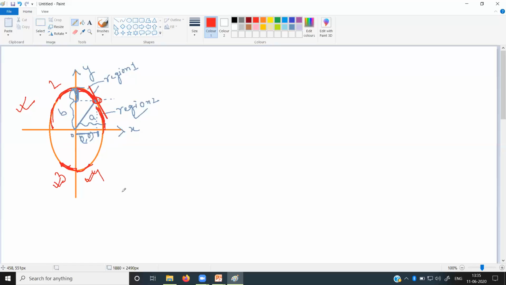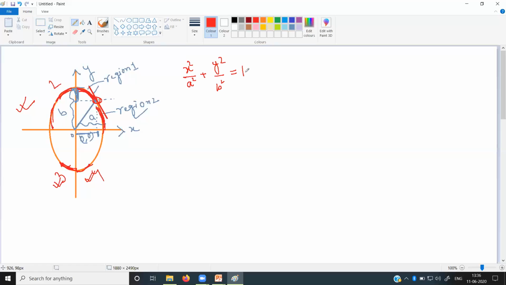So these are the basic considerations while we will find out the points for the region 1. So now let us write the equation for the ellipse. The equation of the ellipse is x square by a square plus y square by b square equals 1.